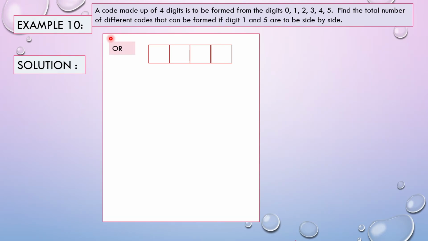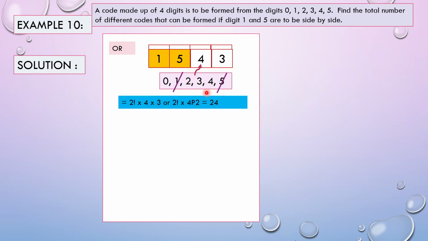Okay, another way of getting the answer for example 10. Now see, first you prepare, this is the first arrangement, where digits 1 and 5 are located at the first box and the second box. For the third box we have 4 options, for the fourth we have 3. Total arrangement: 2 factorial, why 2 factorial?